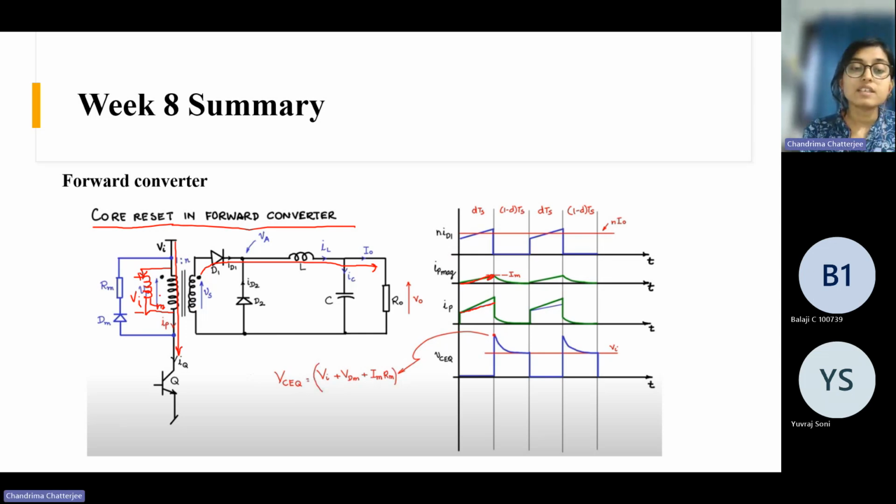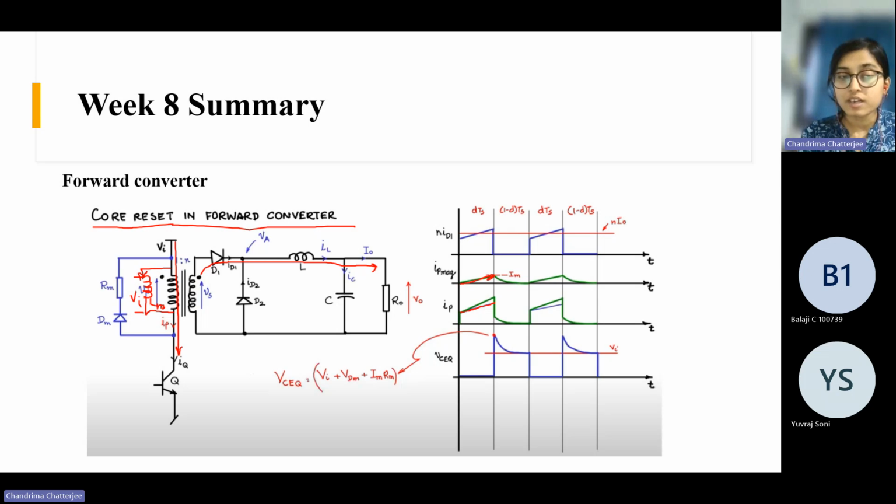The current rises from 0 and it goes to the peak. Okay. And then when you turn off the switch, the path is broken, because now no current can flow from the supply through this switch. But whatever magnetization we did, we need to reset it. It started from 0, so again we need to make it 0. But what is the path? Because now the switch is off, so there is no path. That's why you need to provide this additional path, which is through this diode and through this RM.